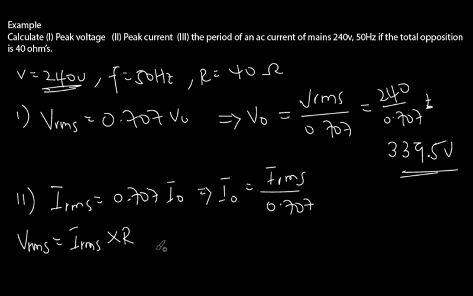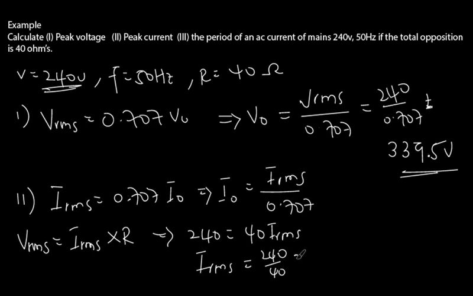So this implies we have 240 equal to 40 times I RMS. It means our root mean square current is 240 divided by 40, which gives us 6 amperes.